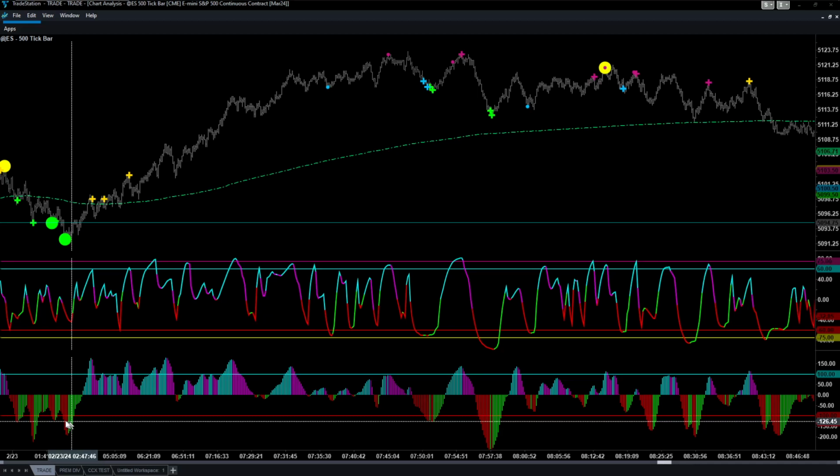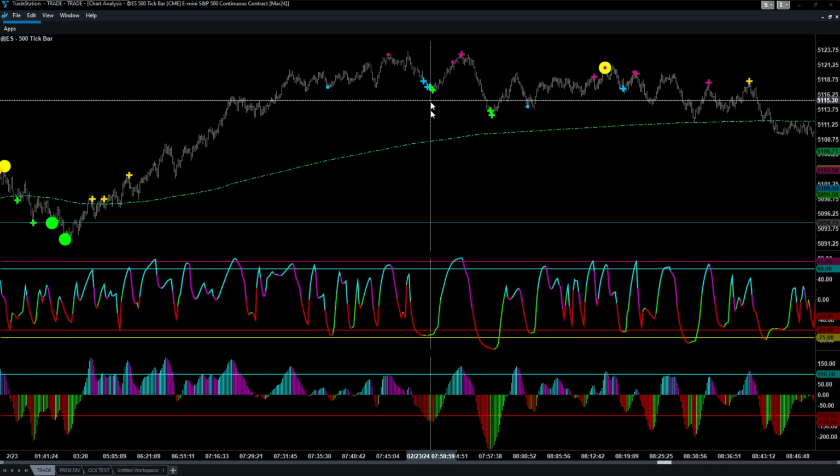So technically it's meeting the conditions. And then you've got, so this is a lower low in fact. This is even a lower low, but at the same time it is still lower than the pivot.